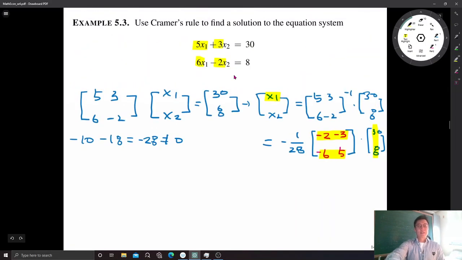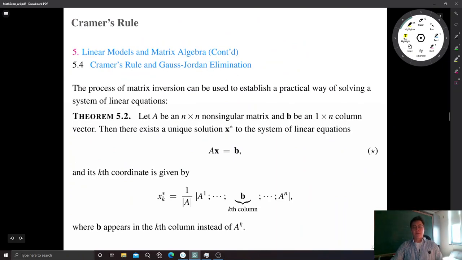So go back to the statement on page number 13, and here is Cramer's rule. We have an n by n matrix, non-singular matrix A. Non-singular means this matrix A has an inverse matrix. And one parameter matrix B that is not 1 by n, but n by 1. That's a typo.